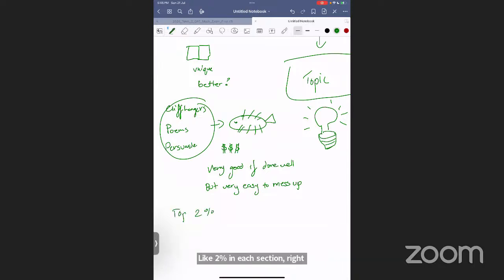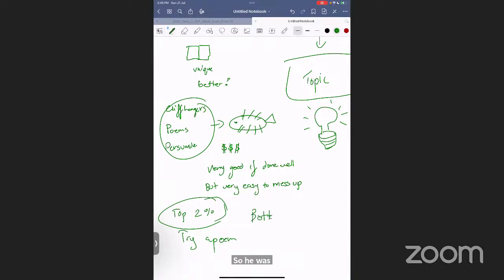But for some reason, in the actual GATE exam, he decided to try a poem for the first time. So he was in the top 2% in every single subject, but in poetry, he was in the bottom half. But because he was so good in the other subjects, he got into Perth Mod.